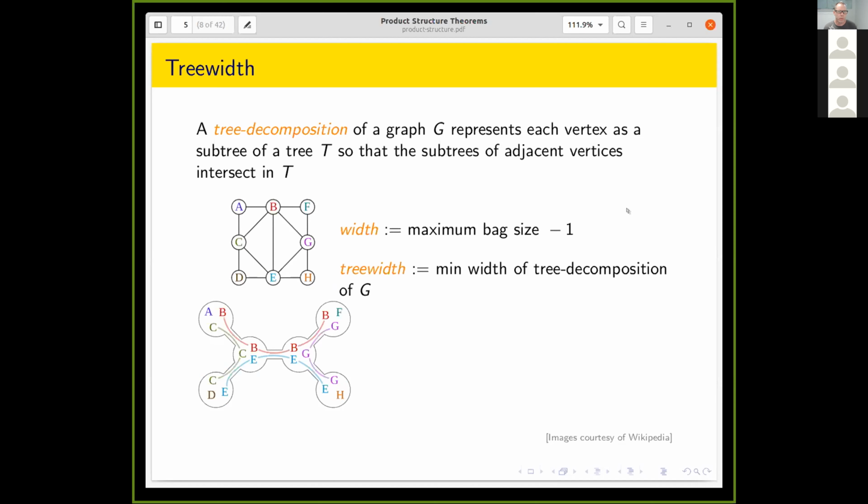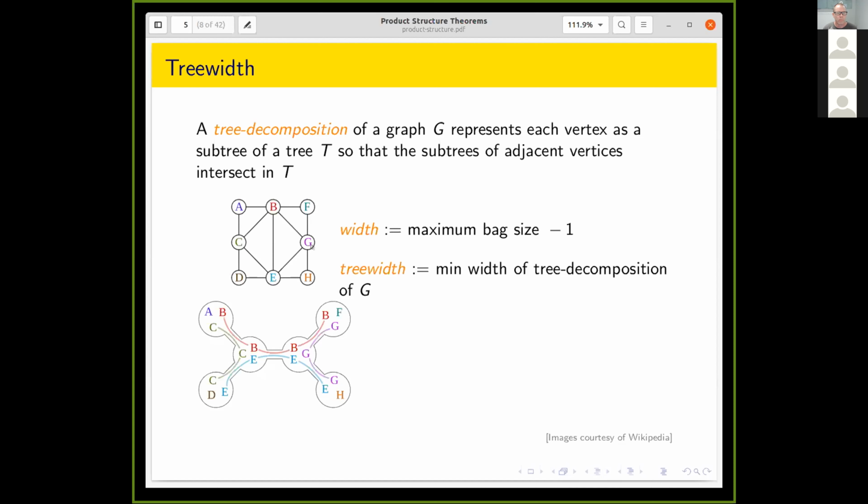So a tree decomposition of a graph is something you get by starting with a tree and taking each vertex in your graph and assigning it to a subtree of your tree in such a way that if two vertices are adjacent in your original graph, then their subtrees should intersect.